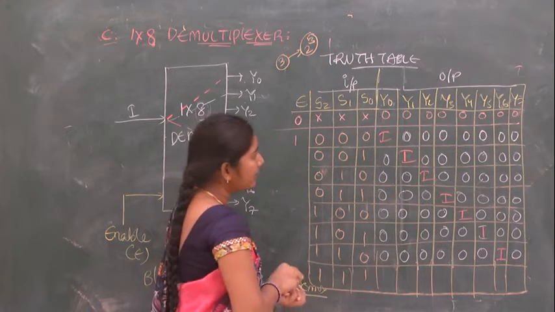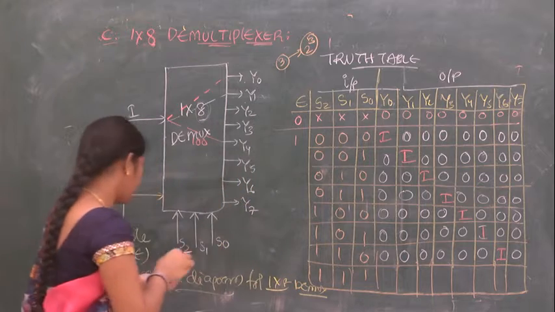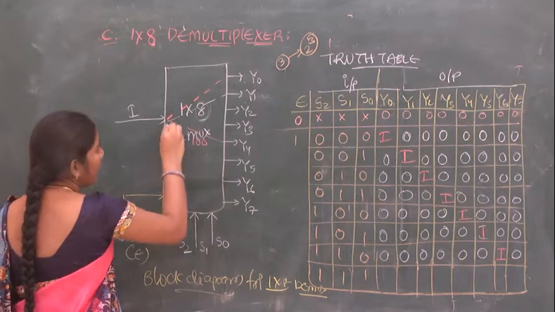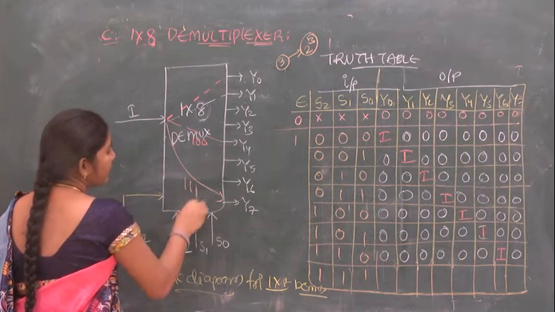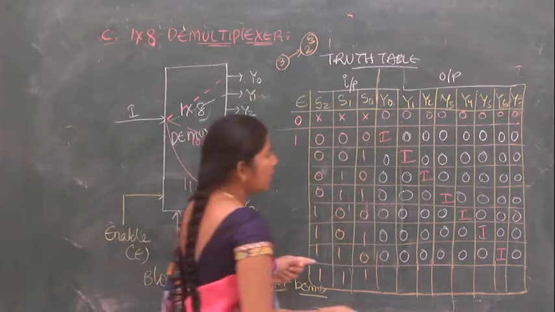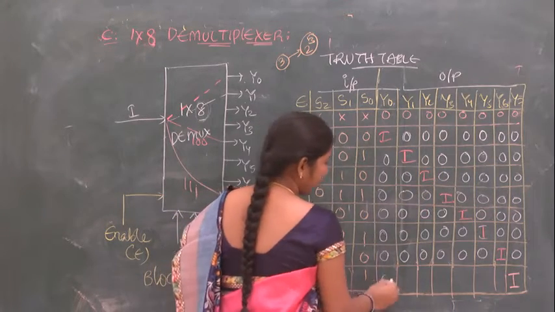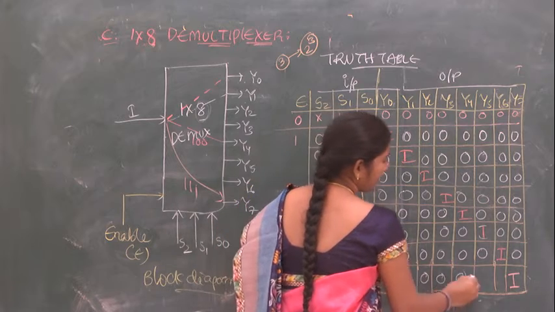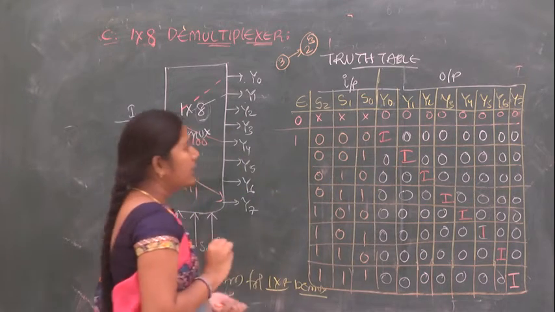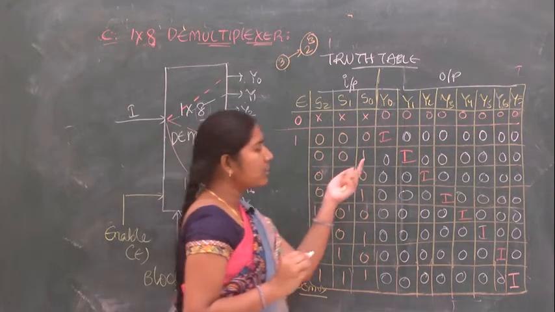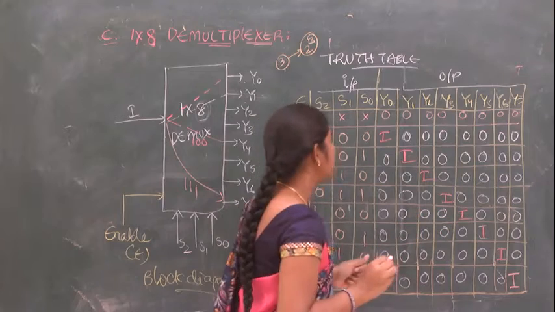For 1 1 1, input I is transferred to Y7. So the Y7 value is I and the remaining are all zeros. Right? Now we know the output values for each combination.